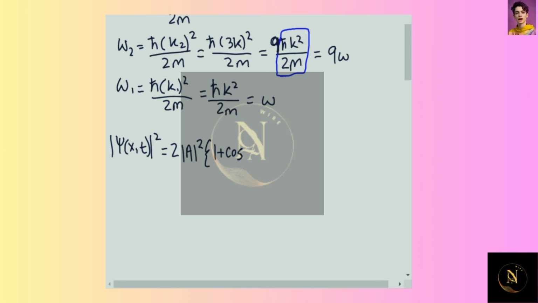So we have 3k minus k multiplied by x minus, and now we plug in omega 2, which is 9 omega, and subtract omega 1, which is equal to omega, and that is multiplied by t.